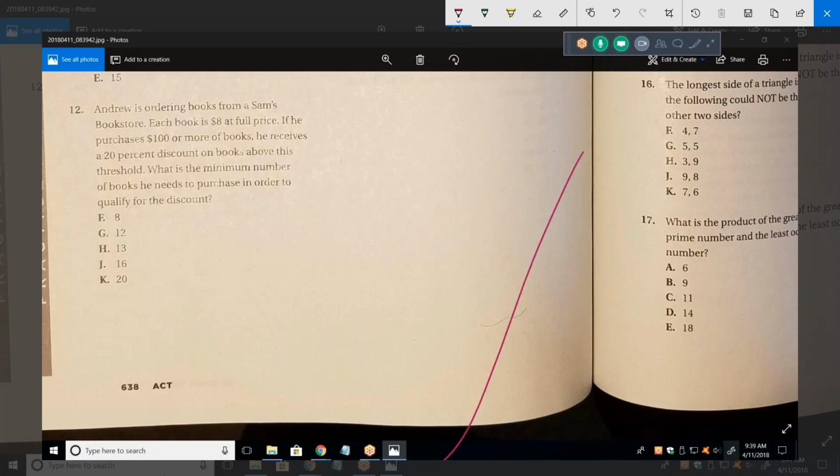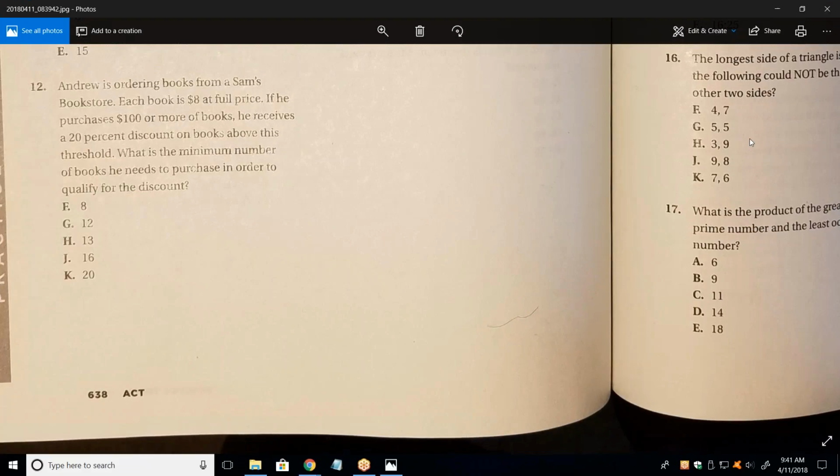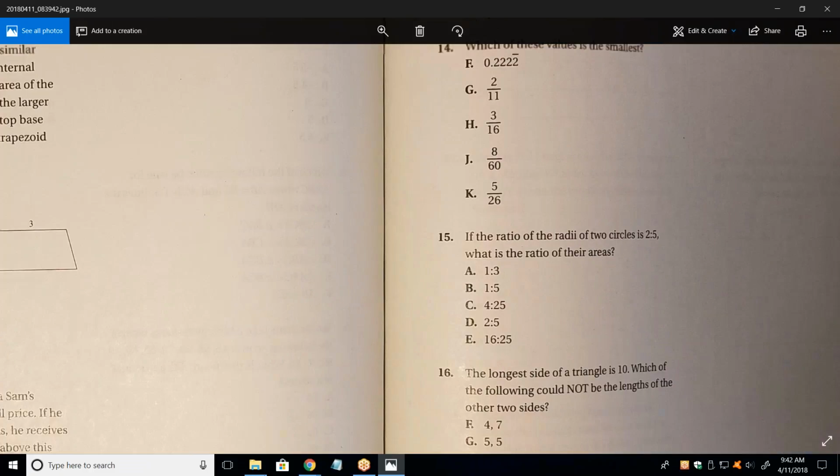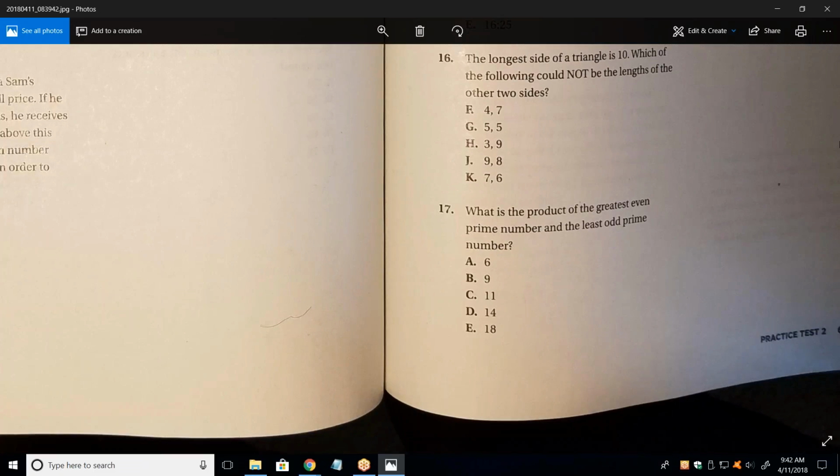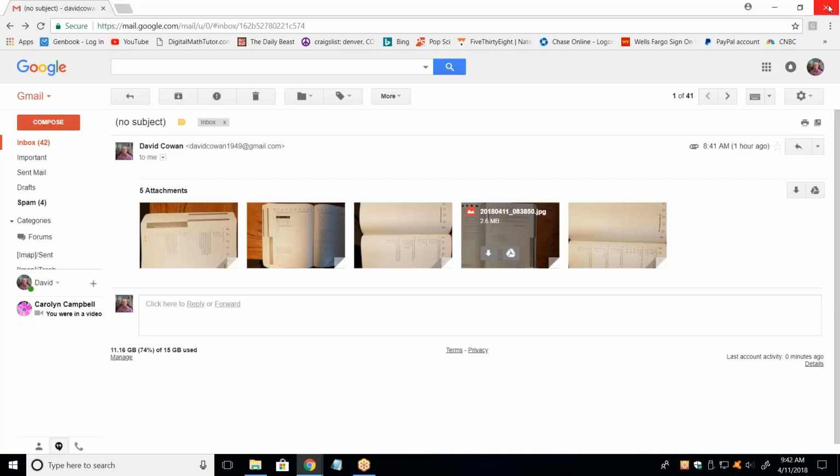Let's see if I can move some of these problems. Yeah, good. We need those. Nah, we've done those already. All right, let's see. It'll take me 2 minutes to take another picture. Let me do it real quick. Okay.